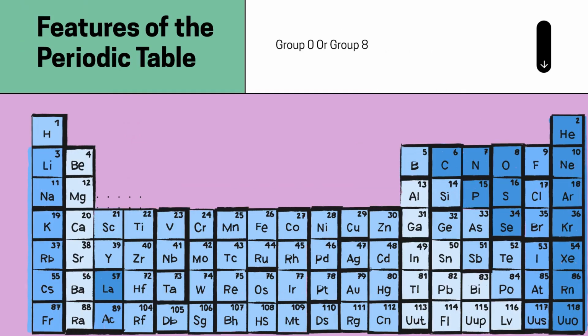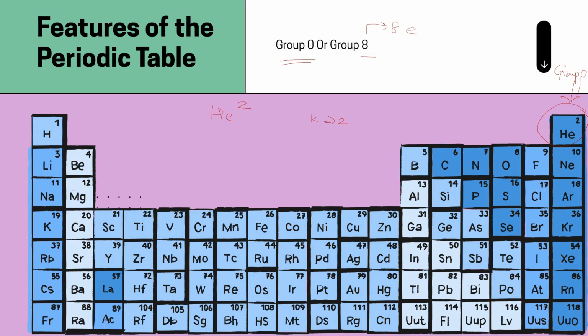Or group 8. We usually call it group 0, not 8, because helium has 2 electrons. So in the first shell, 2 electrons are filled, whereas group 8 means that there are 8 electrons. Therefore, we name it group 0 rather than group 8.